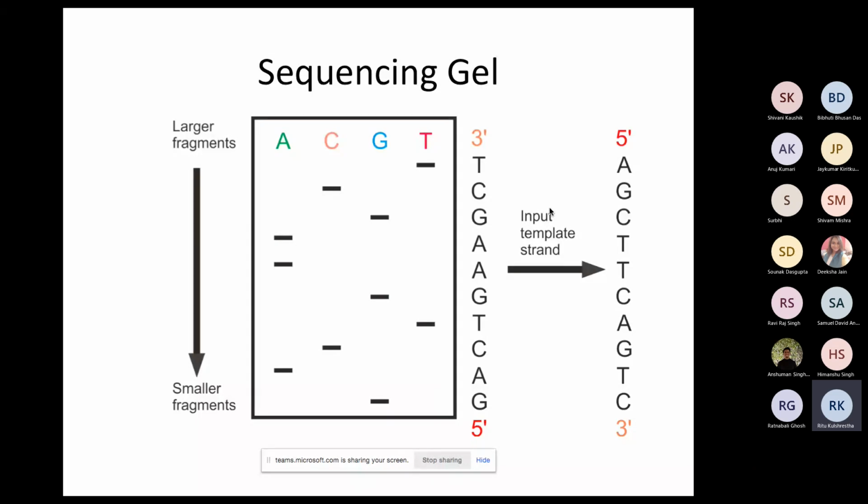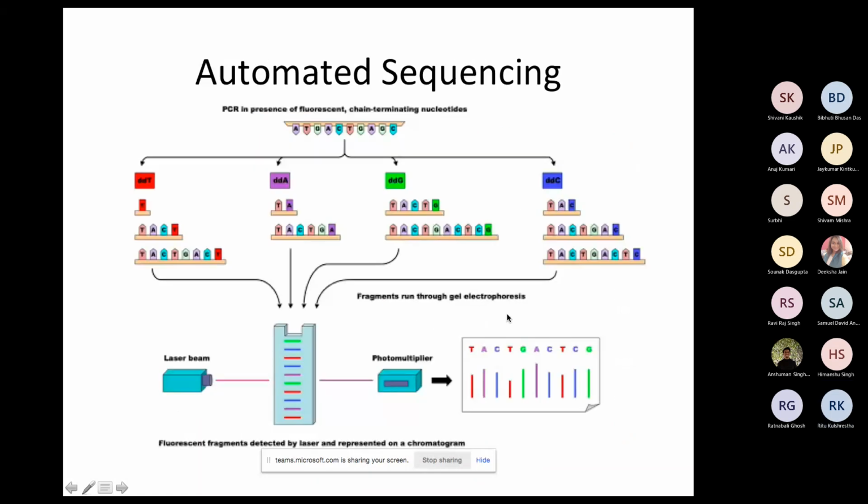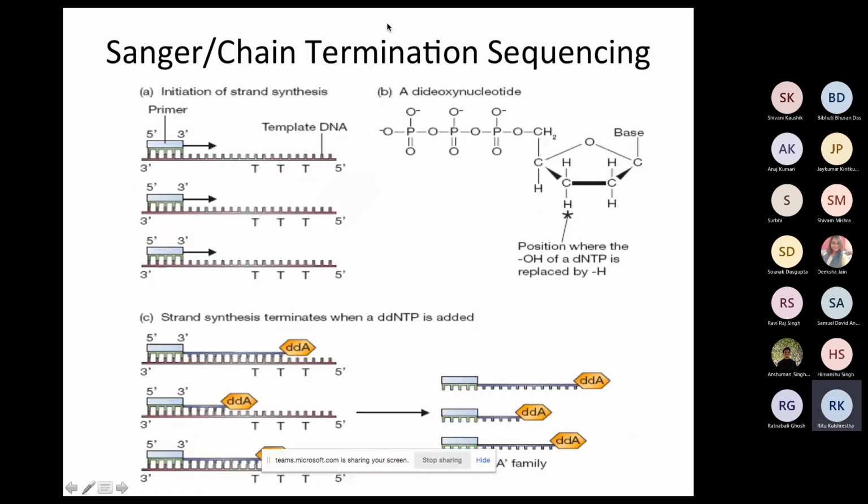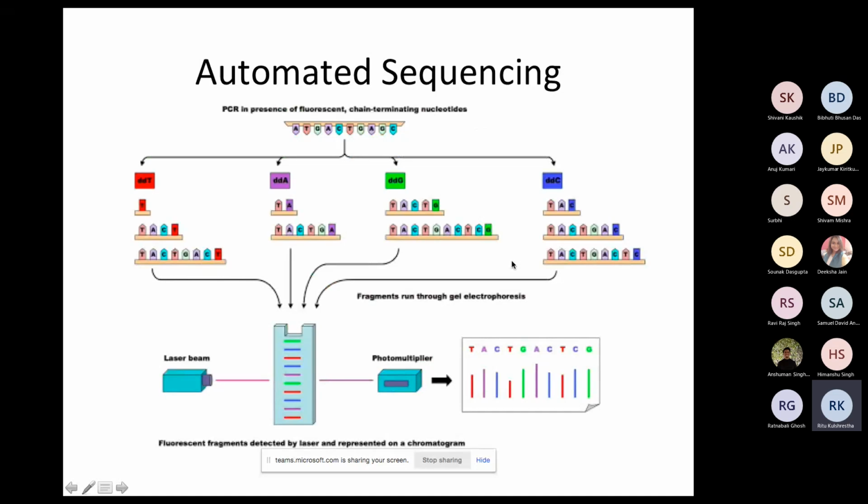And also I told you that you had to run it on very big gels and then deduce the whole sequence of a particular DNA stretch. Now, with the same ideology of chain termination using ddNTPs, meaning Sanger sequencing, it is now automated. So what they have done is they have taken these 4 fluorescent ddNTPs.